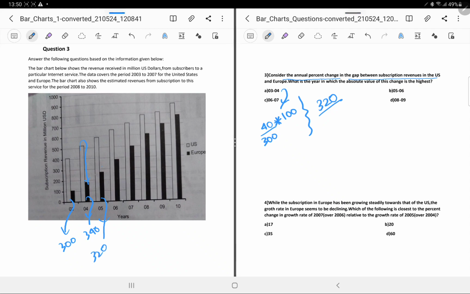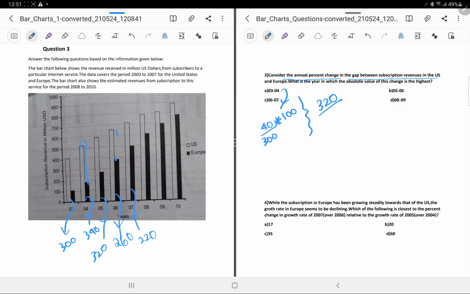This is 320, and for 2006 it is, say this is 20, this is 40, 60, 260. This is 260 for this. Just compute this now. For 07, it is 220.